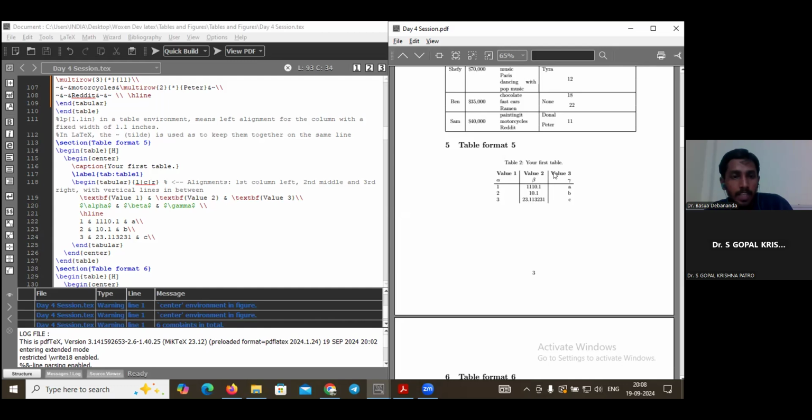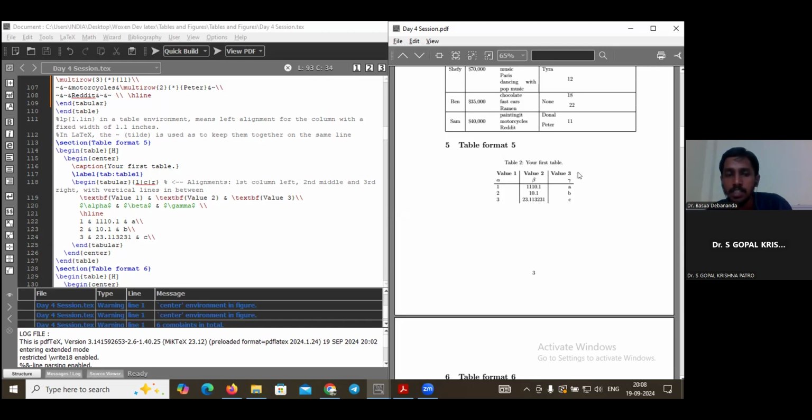Now you can see here I have written the heading. You need this type of table, so in the heading I need 2 rows. For that, you type \textbf, which means you need bold letters. You can write \textbf{value 1}, value 2, value 3. Now for the next line, just type double slash, then you will get \alpha, \beta, \gamma.